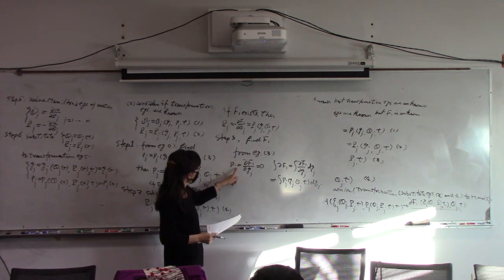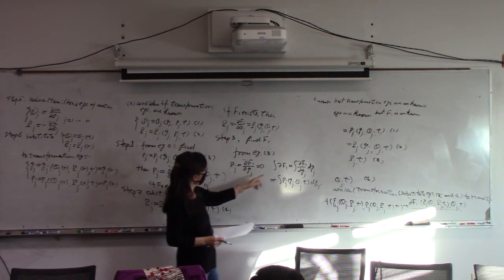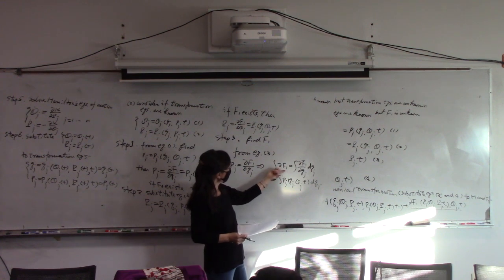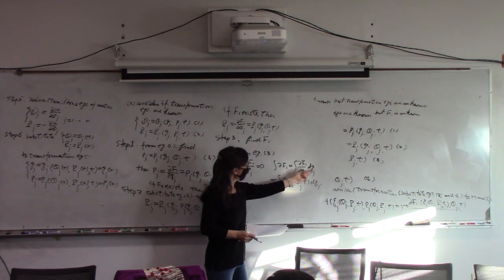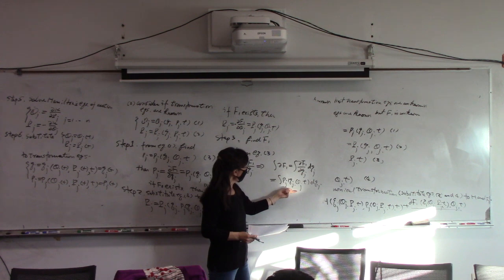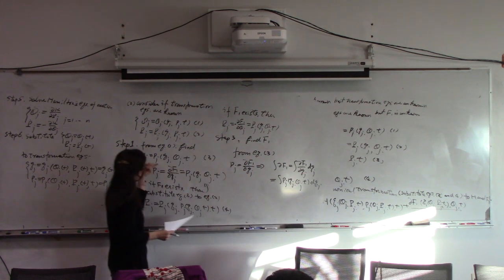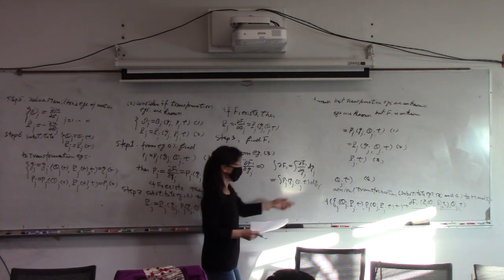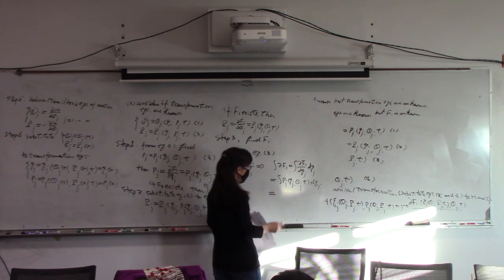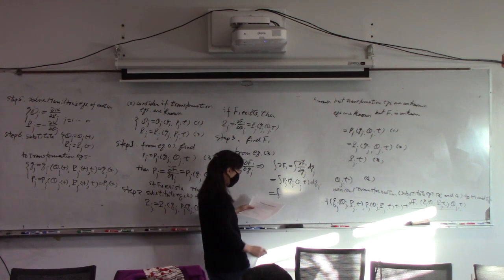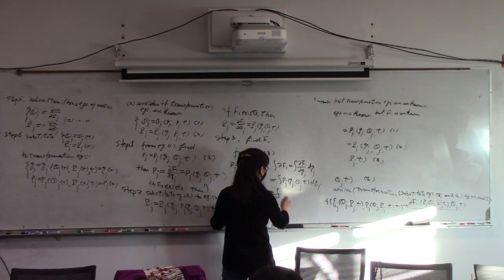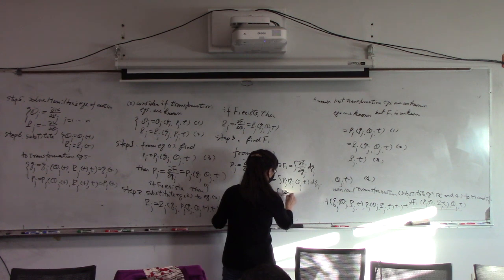Since this Pj is partial F1 over partial Qj, if I do the integral of partial F1 with respect to Qj, since we already have this one, just do this integral. Then, if you give a function, I'm going to say F, after the integral it is still a function of Qj, capital Qj, and t, right?